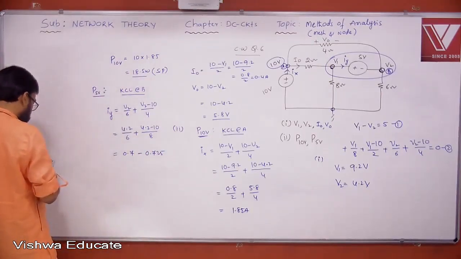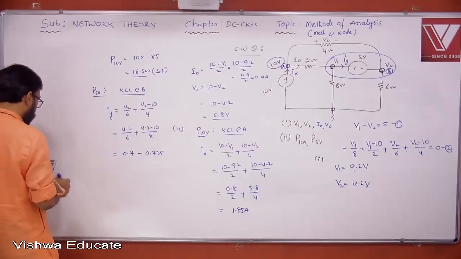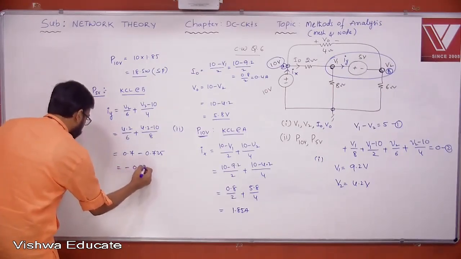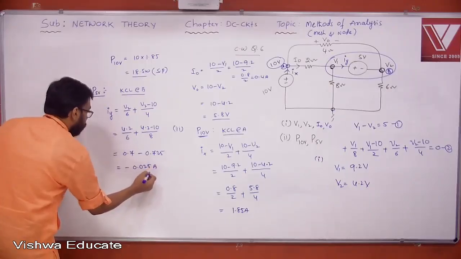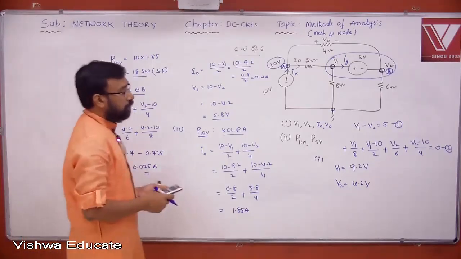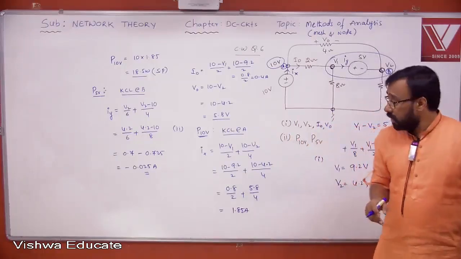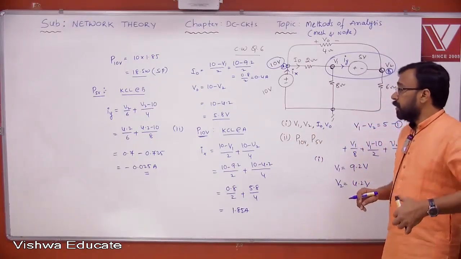So plus 0.7 will give you minus 0.025. I hope you understand the point.